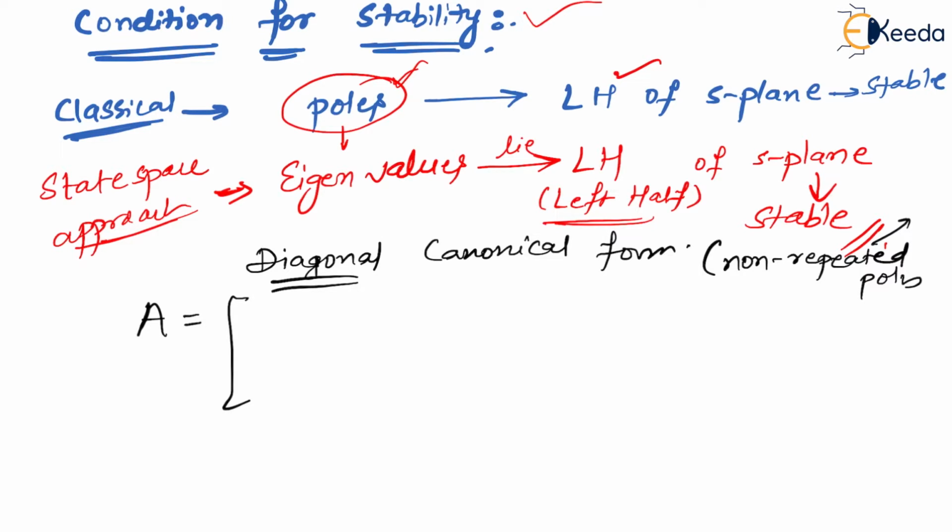So in this A, I may have poles like minus p1, minus p2, and so on up to minus pn on the diagonal, and everywhere else I have 0.